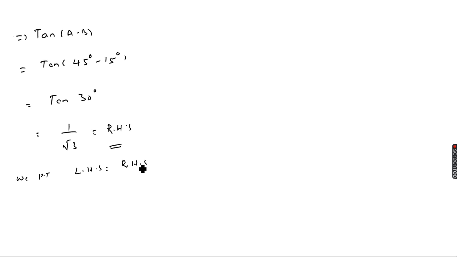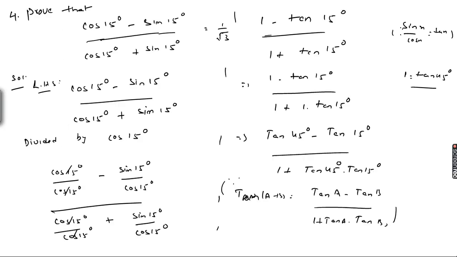So how can we solve this problem? Just we recall that. Given cos 15 minus sin 15 by cos 15 plus sin 15. First we divide each term by cos 15: cos 15 by cos 15 minus sin 15 by cos 15, and cos 15 by cos 15 plus sin 15 by cos 15.